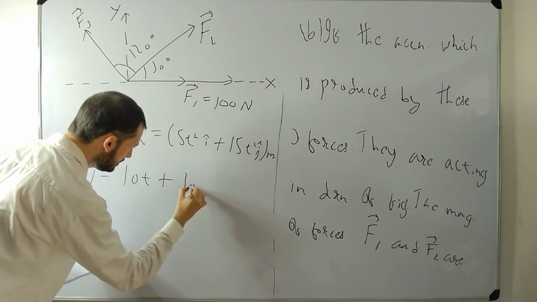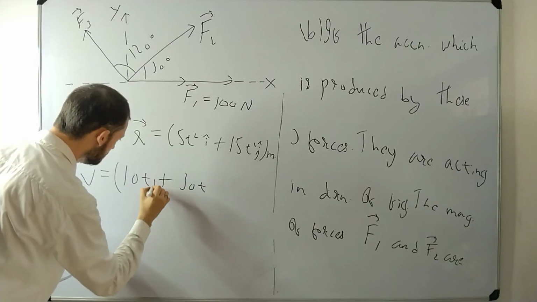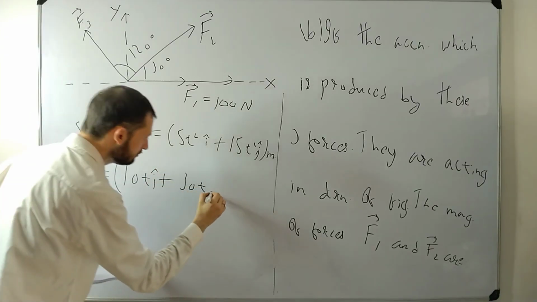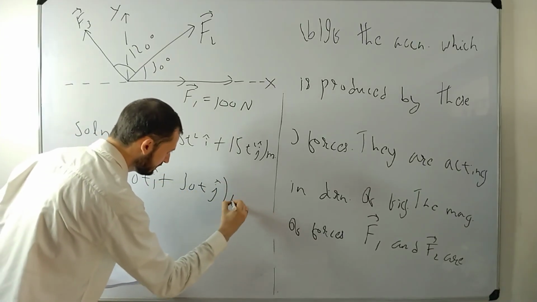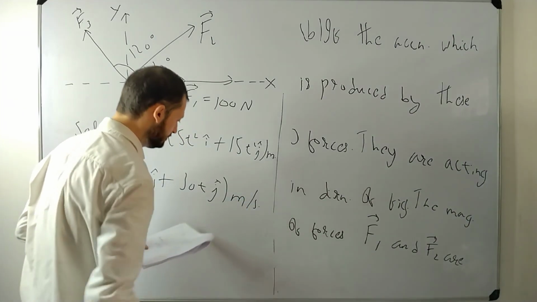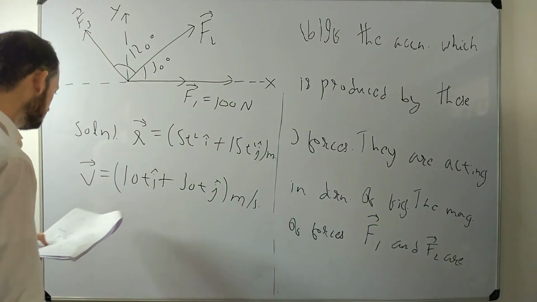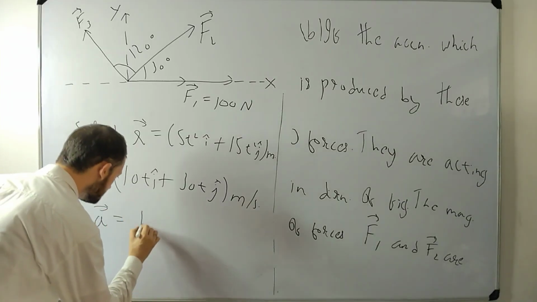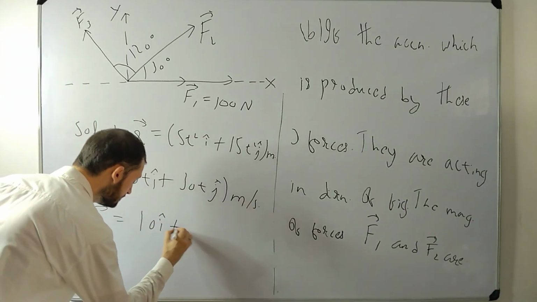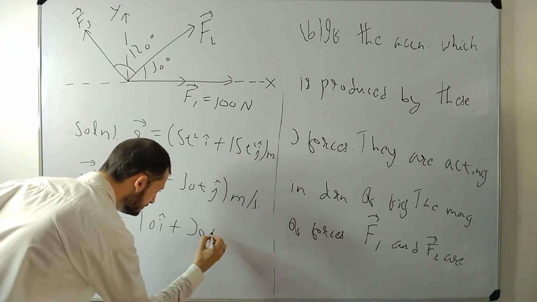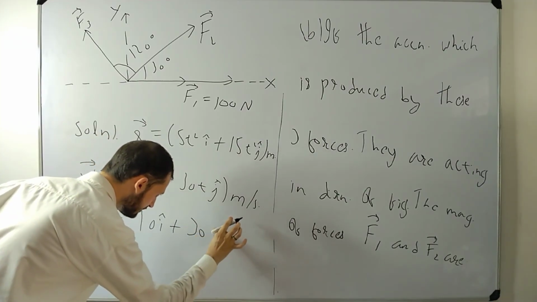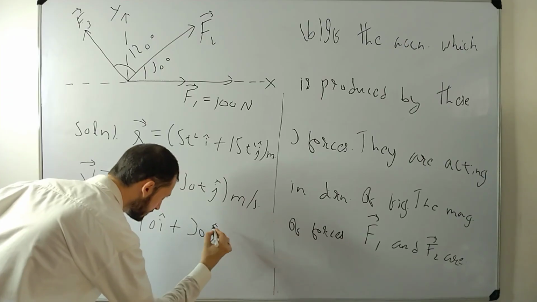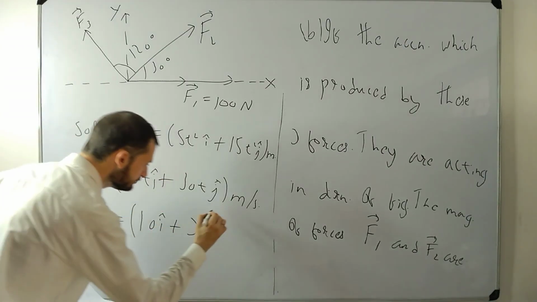This is 30t. So one needs to follow the basic mathematics lecture. Meter per second. Acceleration is what? So 10 I cap, and this is 30 J cap. Yes, what you are saying is perfectly right. 30 J meter per second.